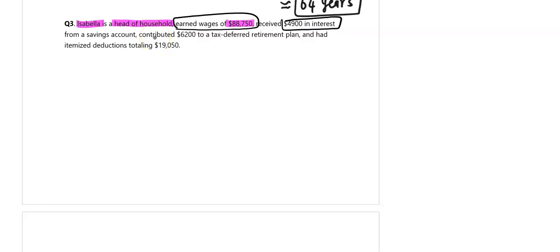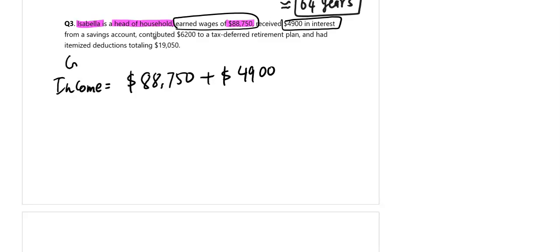So there are two incomes here, 88,750, plus her interest from savings account, 4,900. That's called gross income, because that's all she has. Total income is gross income. So how much total gross income? If you add them, it's going to be 93,650. That's the gross income.